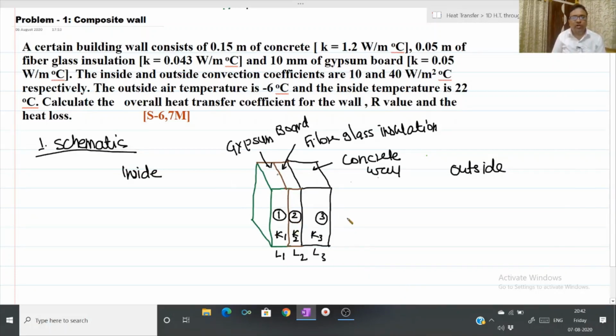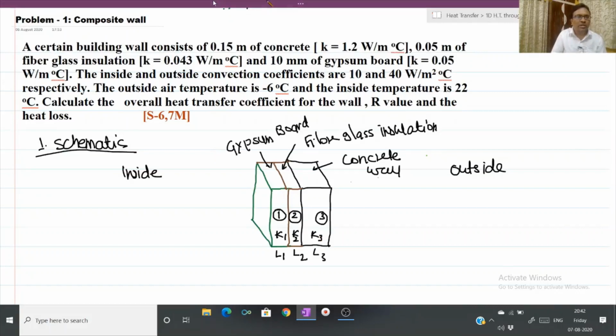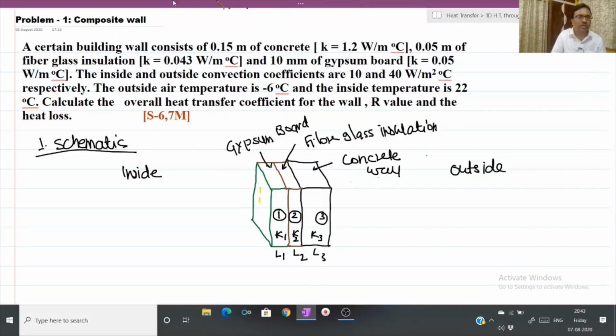Now, this wall is basically separating two fluids. Inside of the room, of course, it is also having air, and outside of the room having air. So this wall is basically a wall separating hot and cold fluid. Hot fluid is on the left hand side, that is inside of the room. Let me draw the hot fluid with the help of a fluid film.